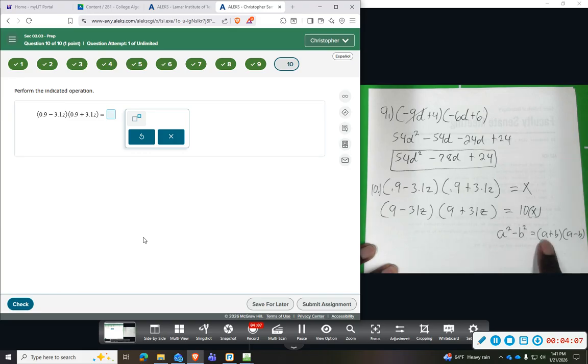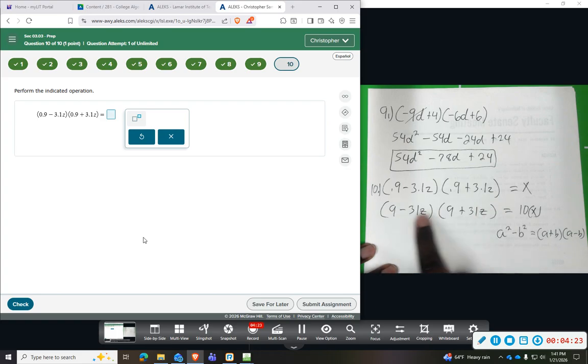And the reason why I'm looking at this is because both of these have the exact same makeup. The 9 could be represented by a, the 31z could be represented by b, and one has plus and one has minus, so this formula will work.